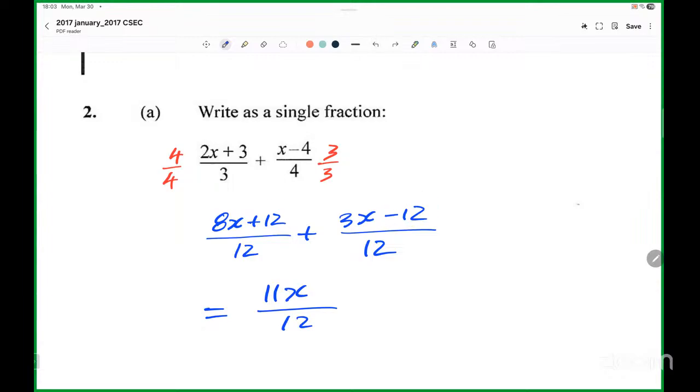But suppose this was a minus in here instead. Then let's work out what the answer would have been. It would be 8x minus 3x, that would be 5x. Then it will be 12 minus a negative 12.